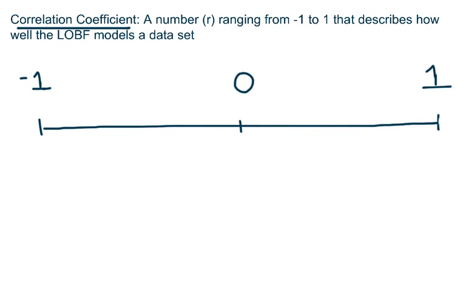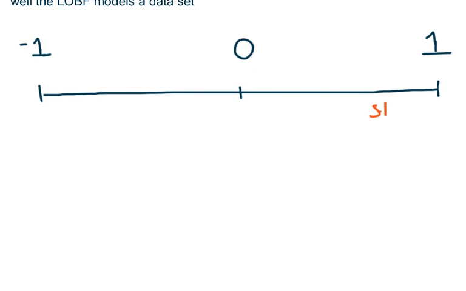Let's talk about this correlation coefficient for just a second. We have this range from -1 to +1 that describes how well the line of best fit models the data set. These are R values. As your correlation coefficient gets closer to 1, so maybe 0.8 or 0.9, what you're getting is a strong positive correlation.